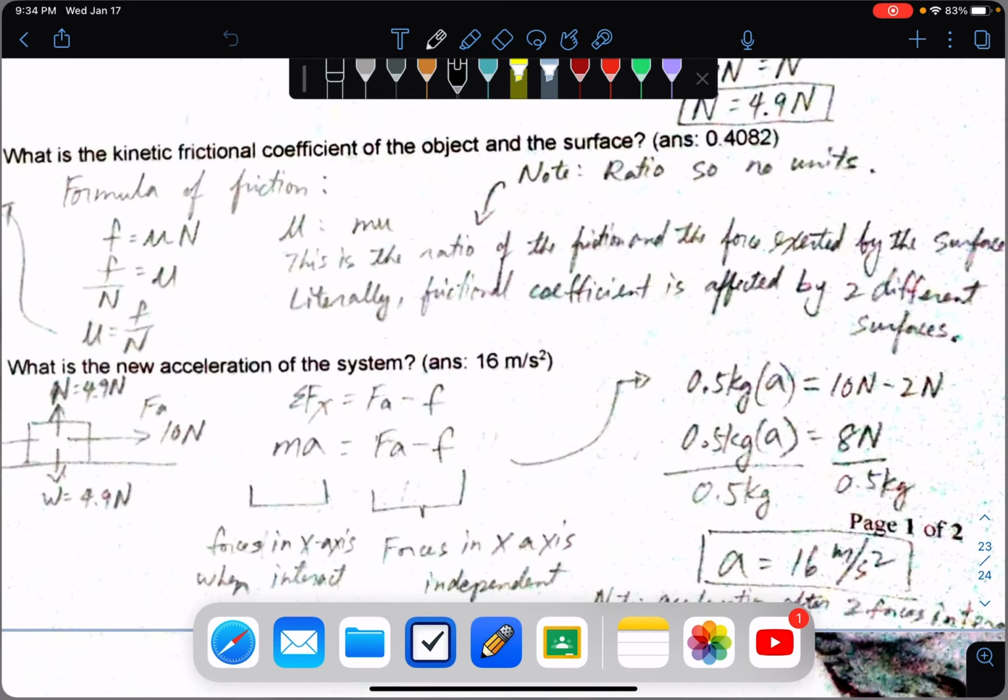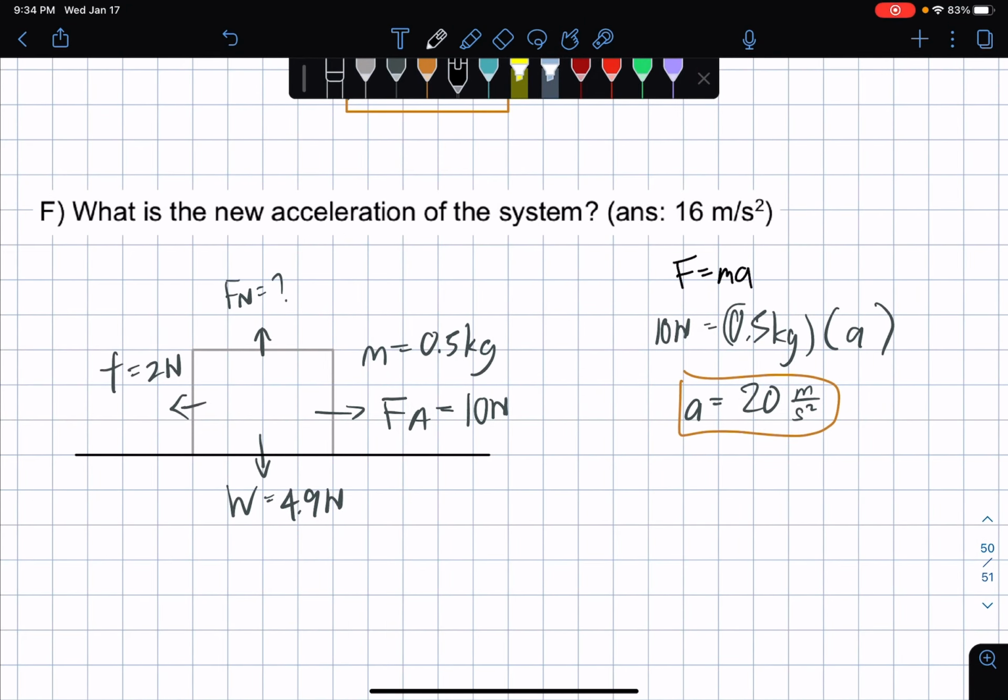Okay. We are supposed to consider the frictional force also. So 10 newtons minus 2 newtons, that's going to be 8. So 8 divided by 0.5 is 16. Alright. Makes sense.